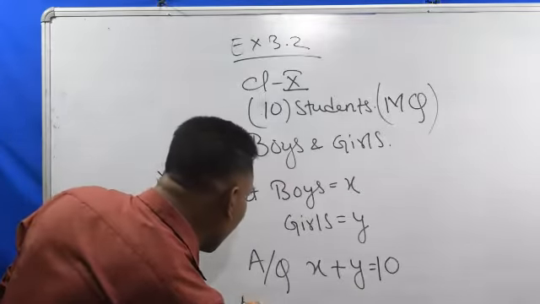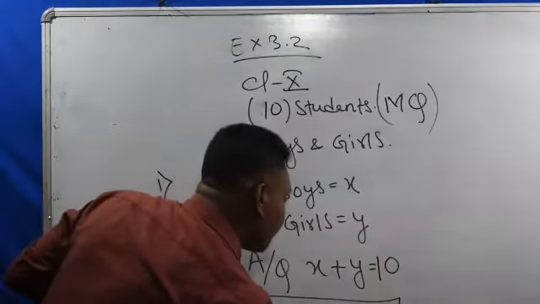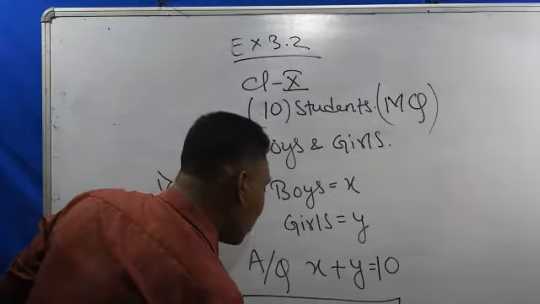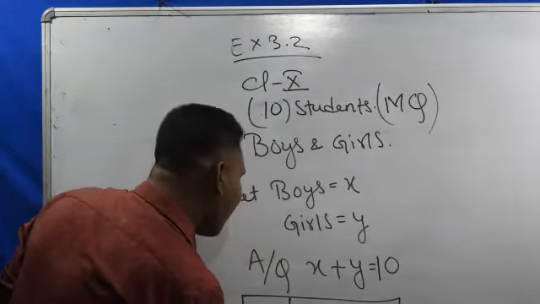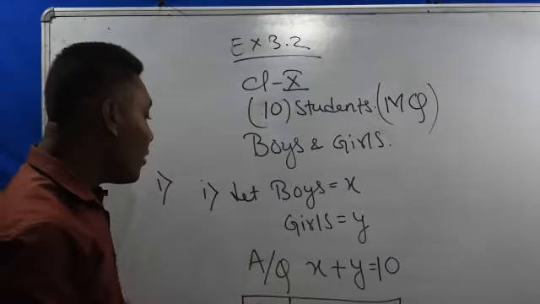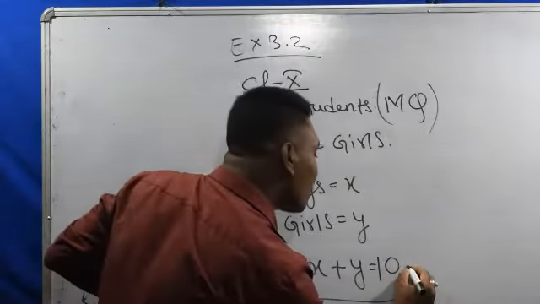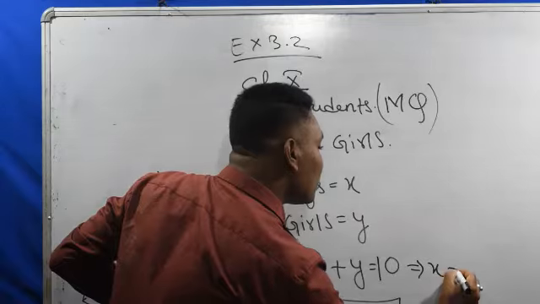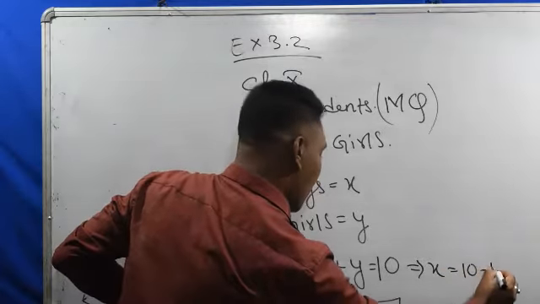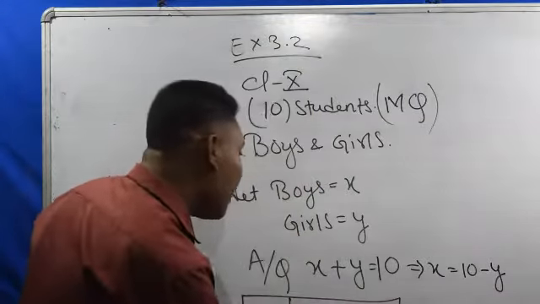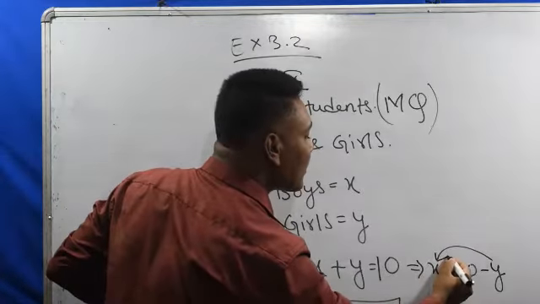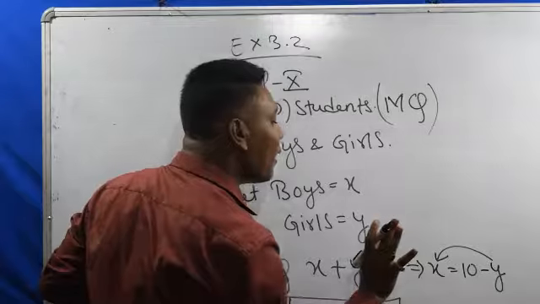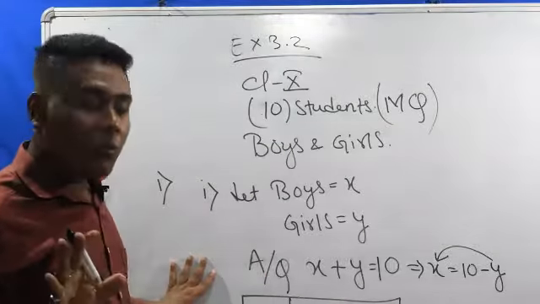So for the first part, we draw the chart, because we have to represent it graphically, not algebraically. So further solving this, x equals 10 minus y. Now you see, x is depending on y.